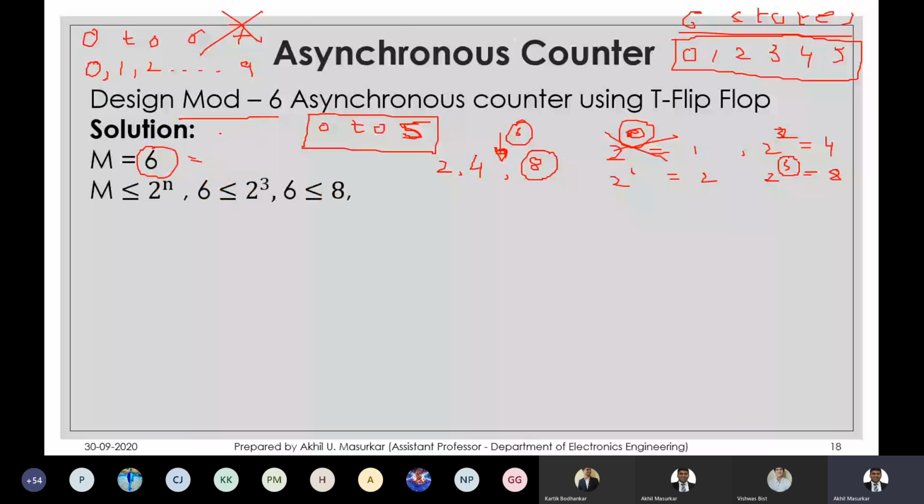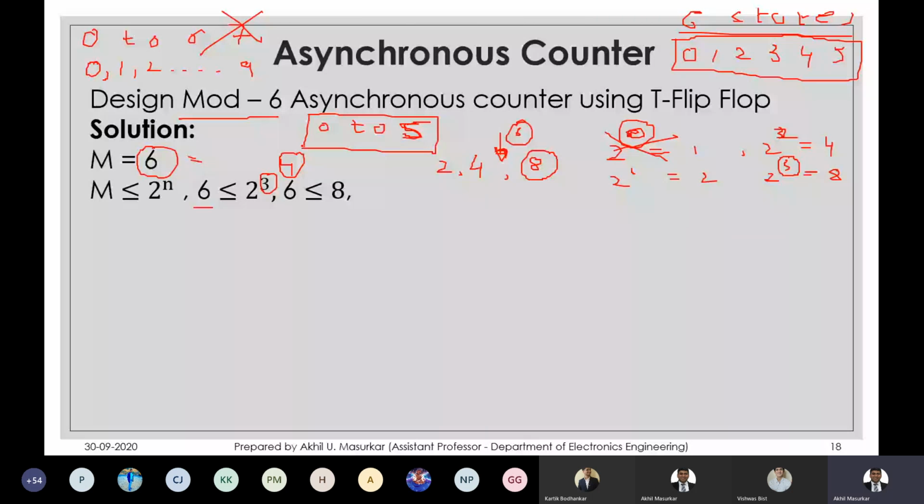That is why m should always be less than or equal to 2 raised to n. Here m is given to us as 6, so 6 will be less than or equal to 2 raised to n only if n is 3. Now you may argue, why not 4? We need to choose the minimum number of flip-flops. Why use a flip-flop whose states we are never going to consider?